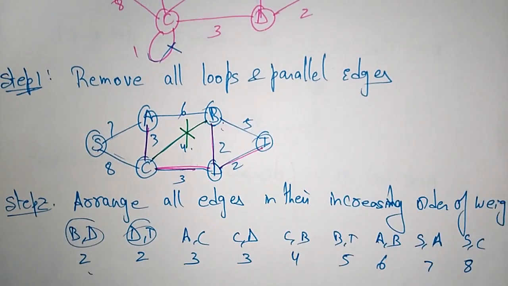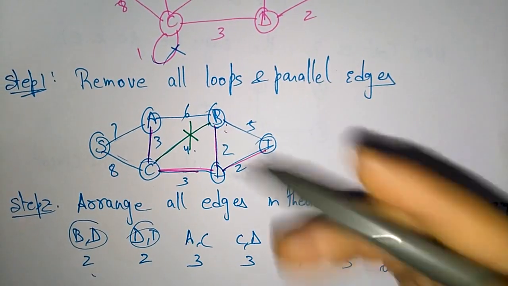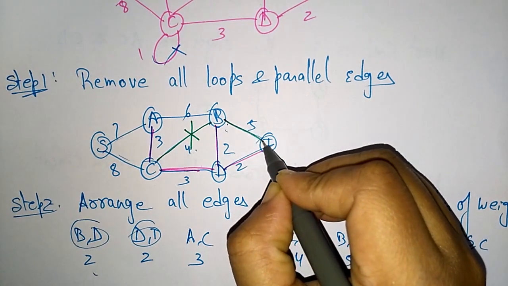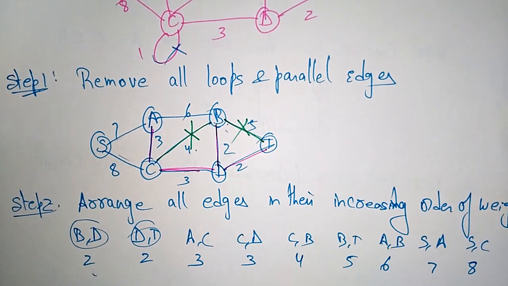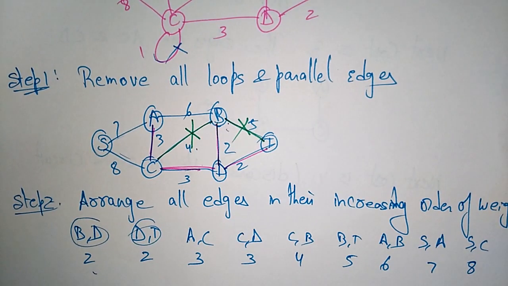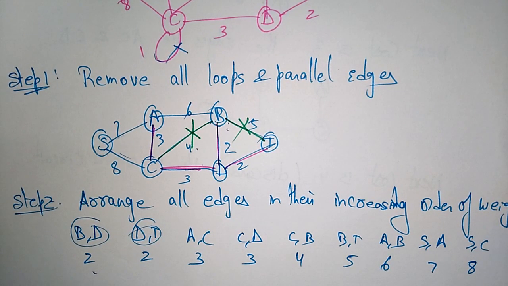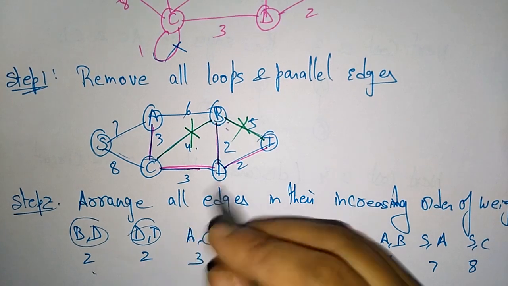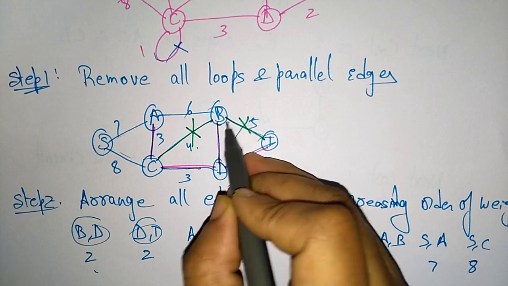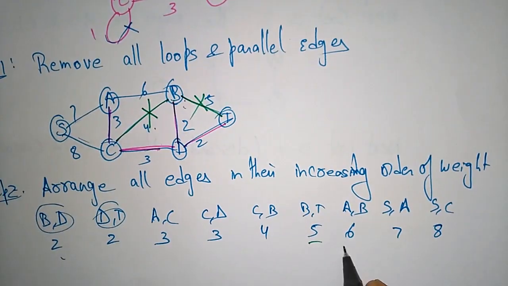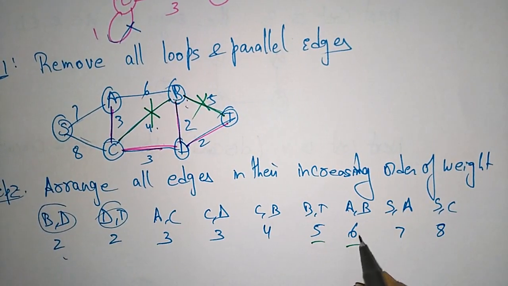So if I select the 5, did you observe here? If I select the 5, it becomes a closed circuit. So just ignore this also. Suppose if I select 6. After 5, the next increasing weight is 6.